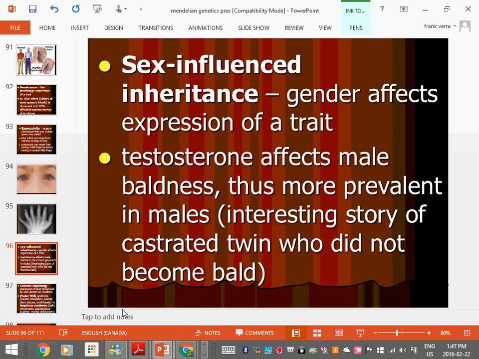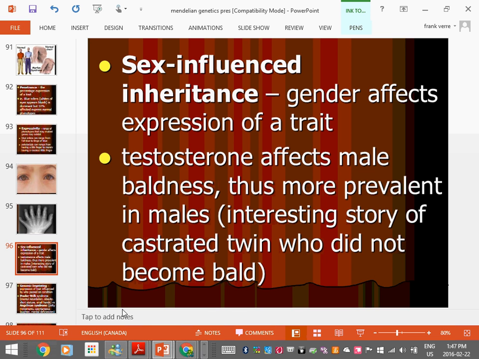The one that was not castrated went bald. Now think about this. They're identical twins. So their genetics is identical. Right? They should be the same. Baldness is genetically determined. What's going on in this case is something called sex influenced.